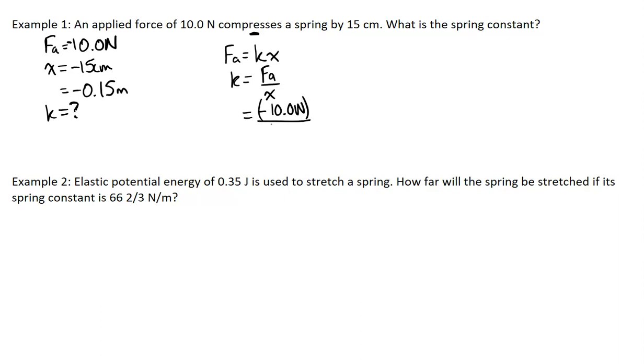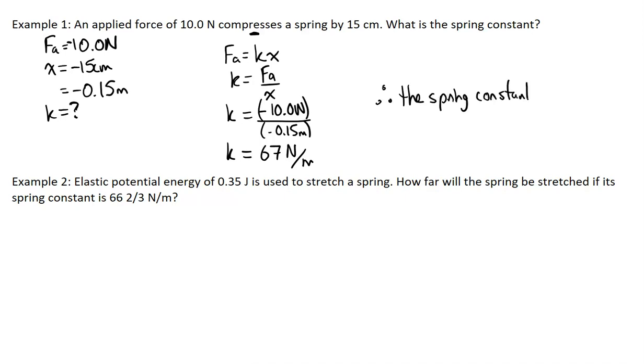The X value is negative 0.15 meters. And the K value that I arrive at, or the spring constant, is 67 newtons per meter. So we conclude, therefore, the spring constant is 67 newtons per meter.